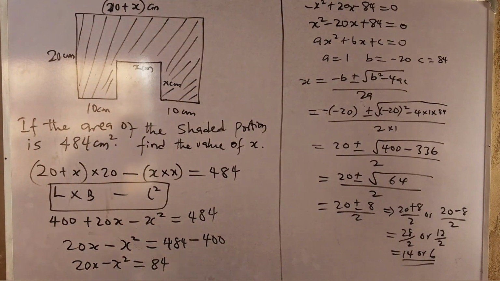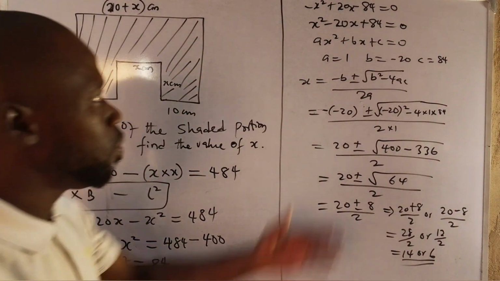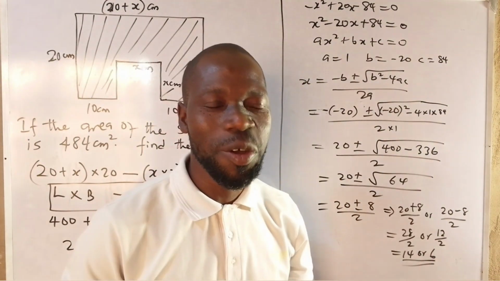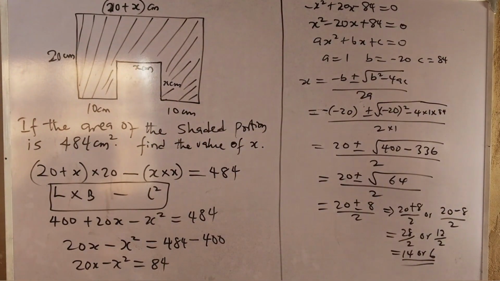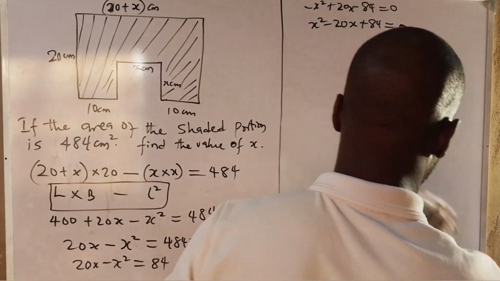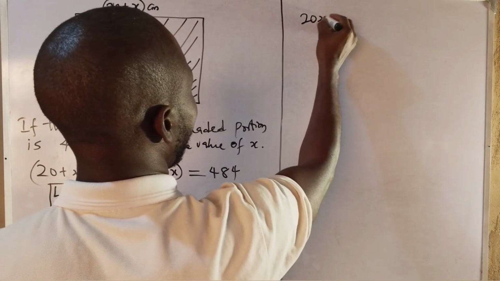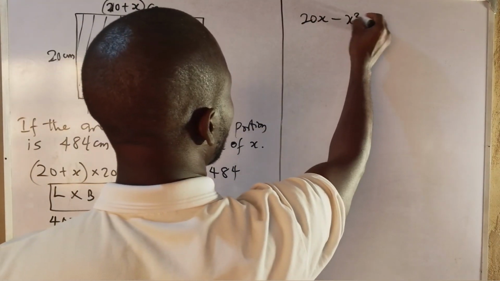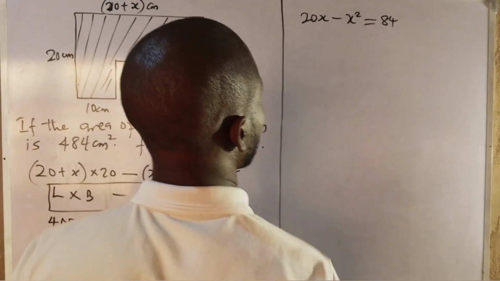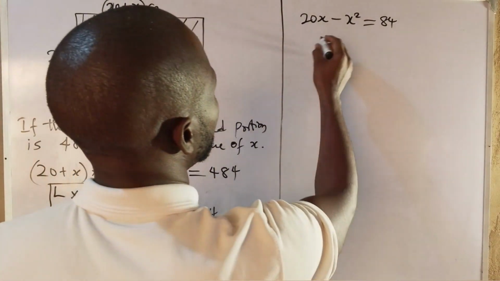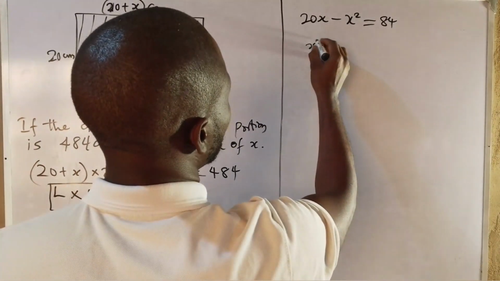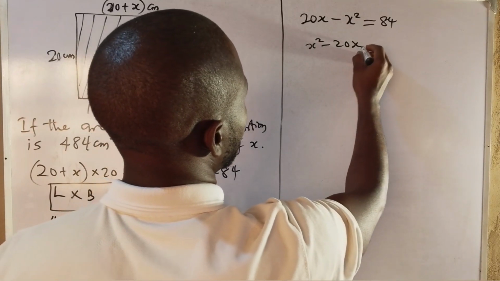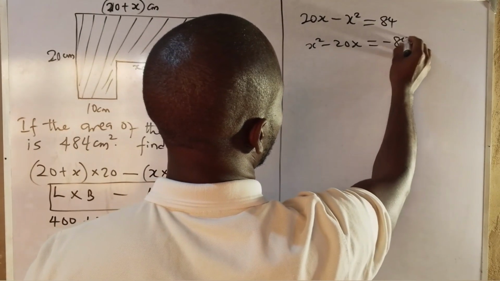All right. Now, we want to also look at this same thing using the completing the square method. This is how we go. We have 20x minus x squared equals 84. Multiplying through by negative, you have x squared minus 20x is equal to minus 84.